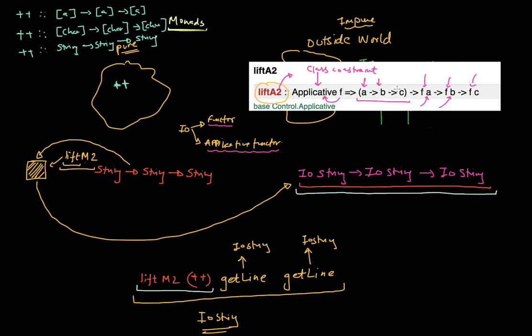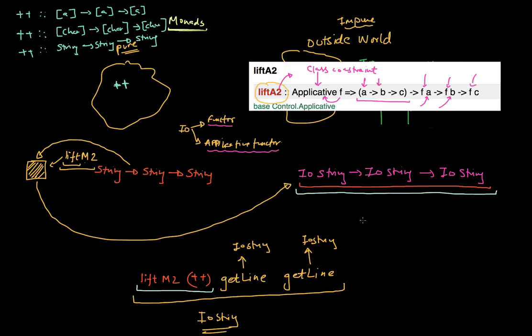Okay, so again, this is the same idea as the liftM2, where in the previous case I was exploiting the idea that IO is a monad, and I could immediately start using the liftM2. But here I'm also just using the knowledge that it is an applicative functor as well, and because it's an applicative functor, I can make use of this specific method liftA2 to complete the concatenation of two IO strings.